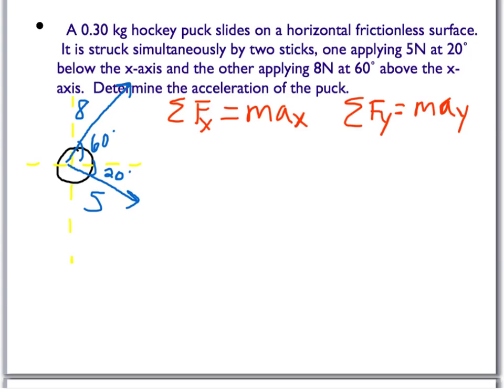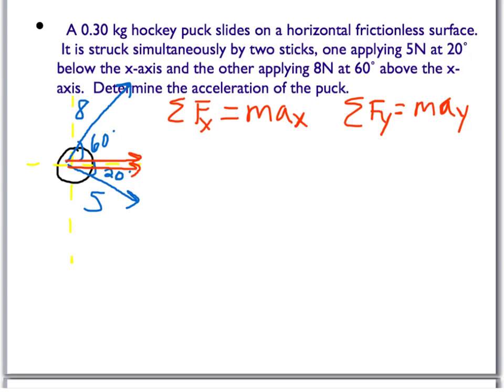I can see that both my 5 and my 8 Newton force would have a component in the x direction. Some of the 5 newtons is going to be in the x direction, and some of the 8 newtons is also going to be in the x direction. If I look at finding those components, some simple trig will get me those values.